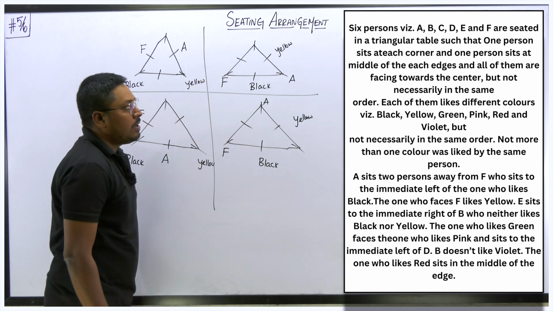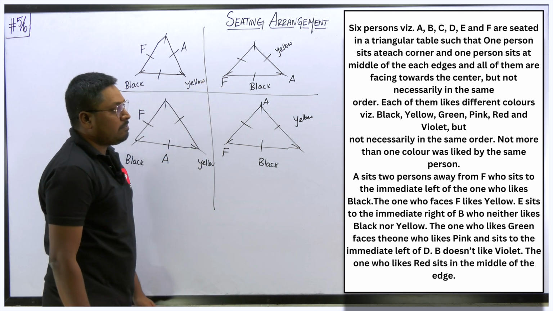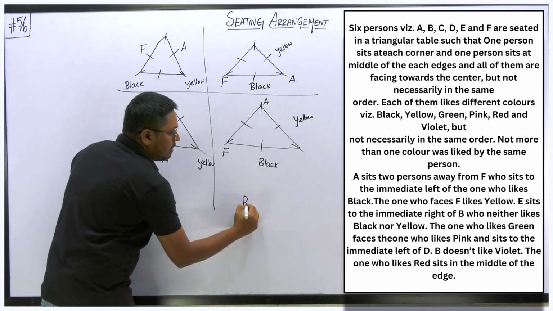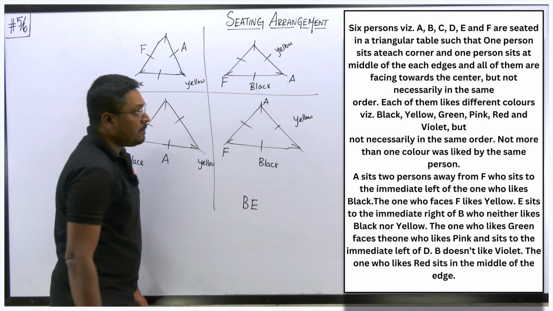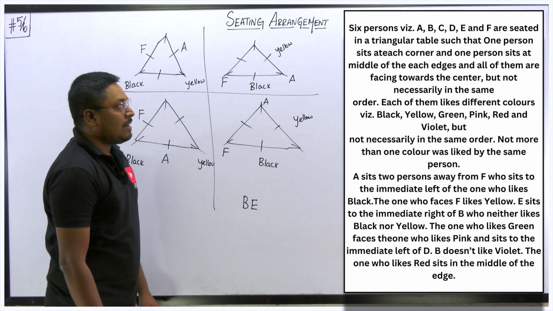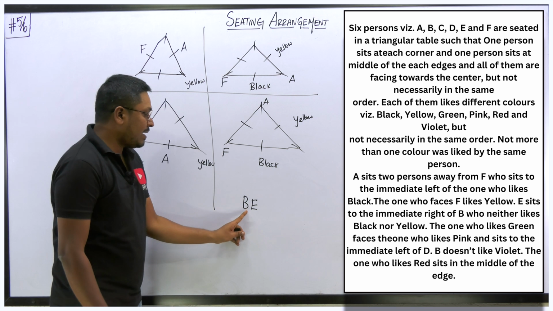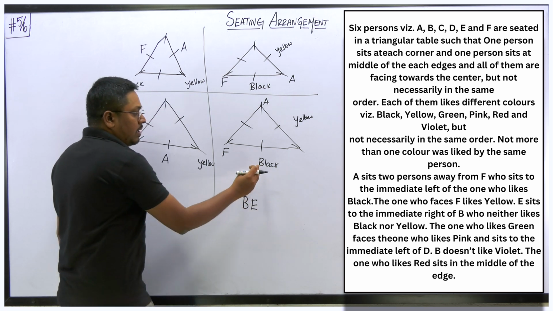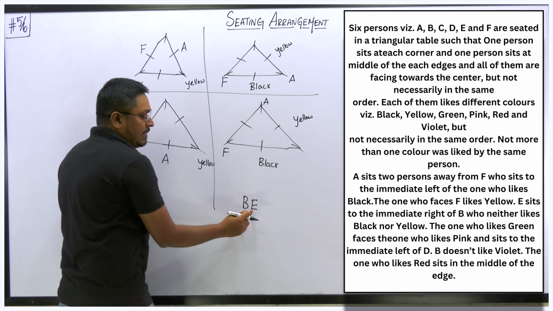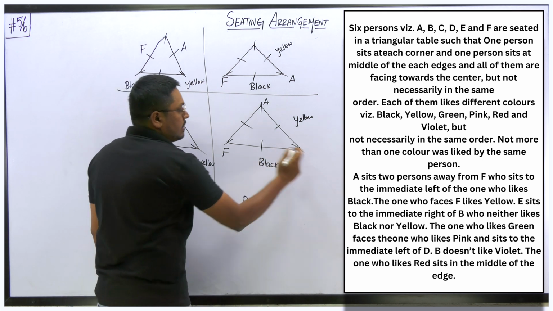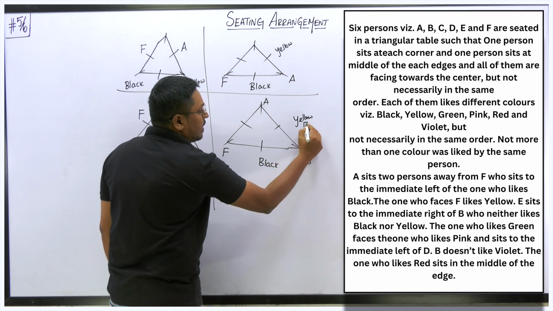So next point, E sits to the immediate right of B. So on B's right-hand side, immediately, the person E is sitting, right? The person B neither likes black nor yellow. So B does not like black as well as yellow, right? When you come to this possible diagram, B's right-hand side should be E. So this is the only place for B and this is the only place for E. Why?